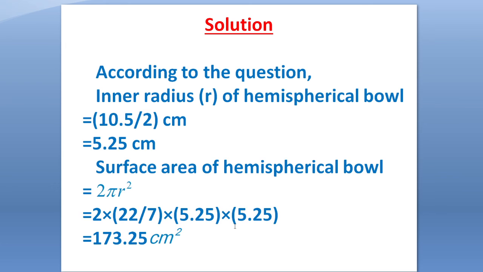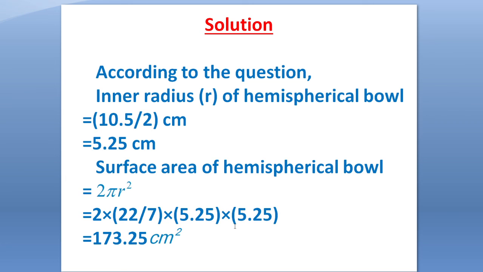Therefore surface area of hemispherical bowl is equal to 2 pi r square is equal to 2 into 22 by 7. R is 5.25. So into 5.25 into 5.25.